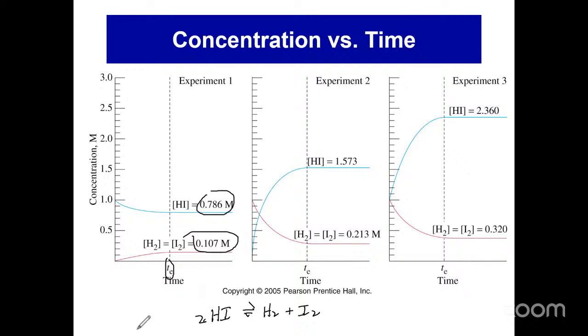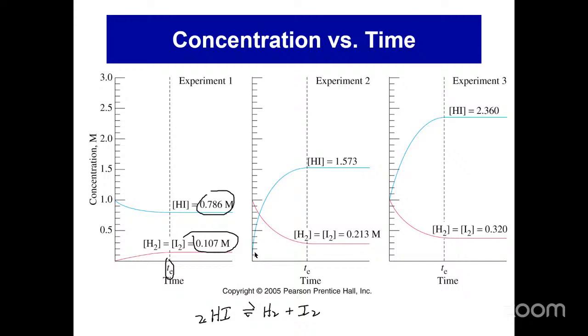Now, in experiment 2, you're starting off with a certain amount of H2 and I2, in fact 1.0 m in each case, and no HI present. As the system approaches equilibrium, the concentrations of H2 and I2 will decrease until they become constant, which means the system achieves equilibrium.